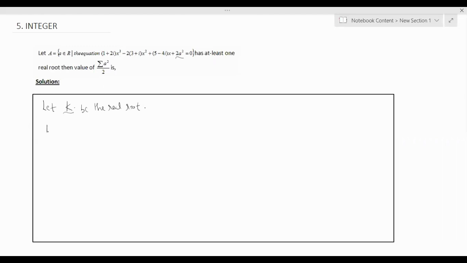So when I substitute this, you will have, no, this should not be x cube. When you substitute K in place of x, you will have K cube minus 2 times (3 plus I) K square plus (5 minus 4i) multiplied by K plus 2a square equals 0.